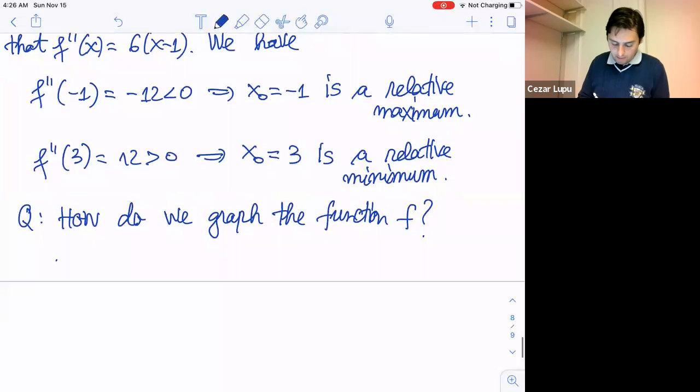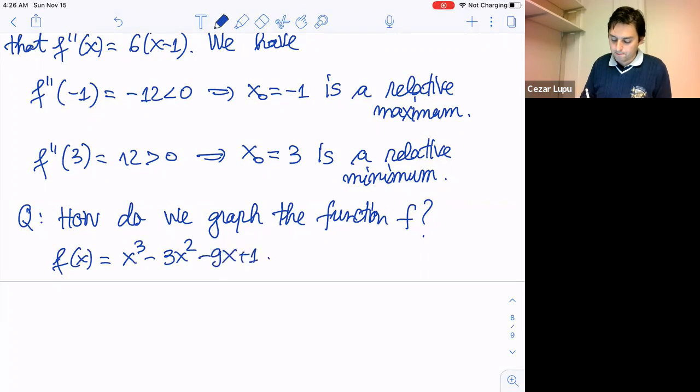And now let's see, keep in mind that f of x was, what was it? It was x cubed minus 3x squared minus 9x plus 1, right?